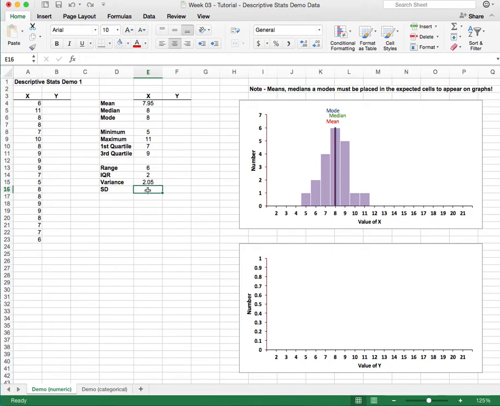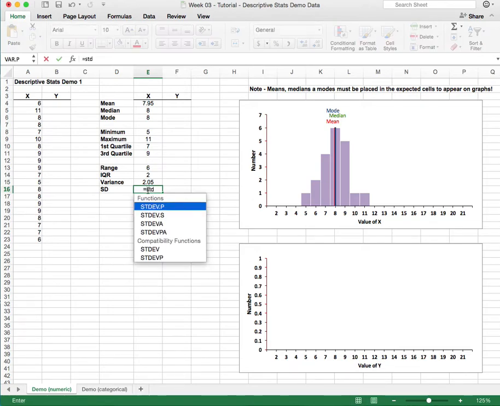All right, so standard deviation here, we'll just start typing standard deviation. Now you notice there's several different versions of standard deviation here, as well as some compatibility functions. Nicely, if you just type in STDEV, it's going to give you the sample standard deviation.